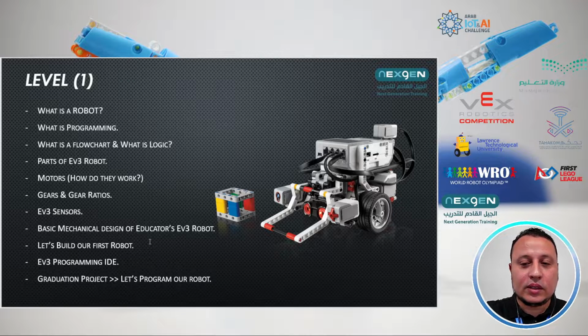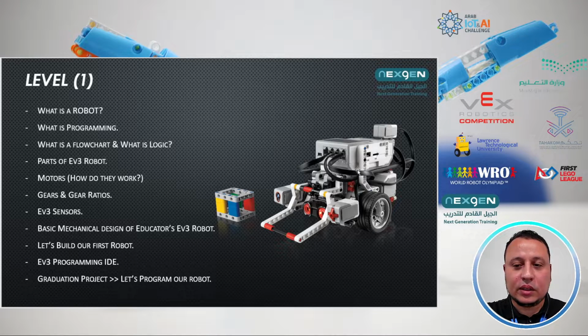Then we talk about the basic mechanical design of the educator Ev3 robot. There is a simple robot which you can see here now in the image. This robot is called the educator robot. This is the very simple and standard Ev3 robot that all students who learn Ev3 would start with. Simple design, simple programming and coding, and it also includes some sensors.